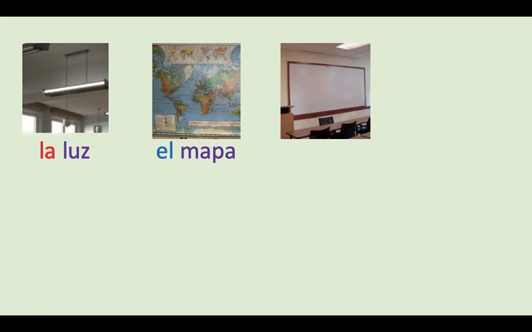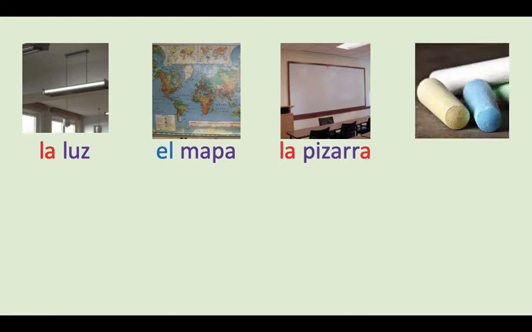¿Cómo se dice the light? Repita, la luz. The map. Careful. Got it. El mapa. Repita, ¿cómo se dice the board? Repita, la pizarra. Chalk, the chalk. Repita, la tiza.